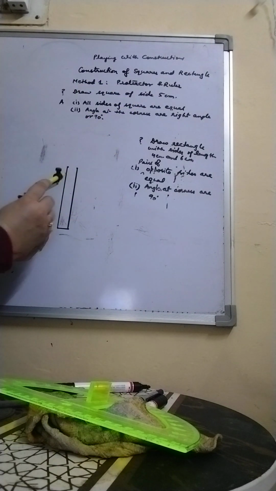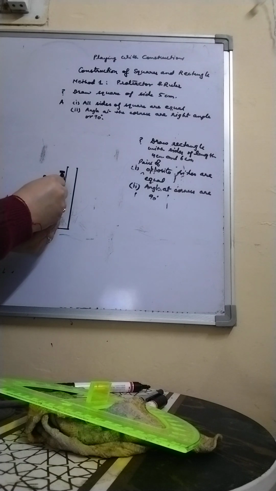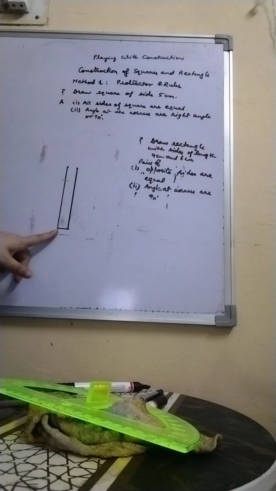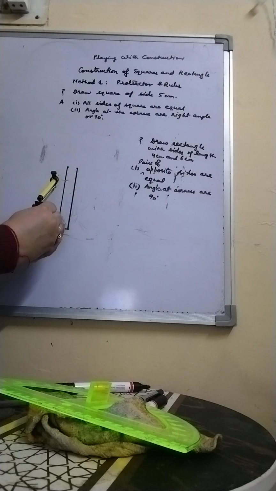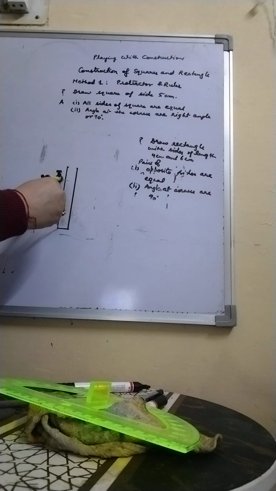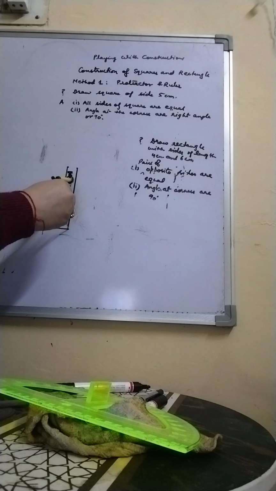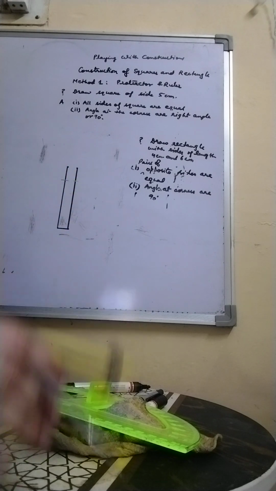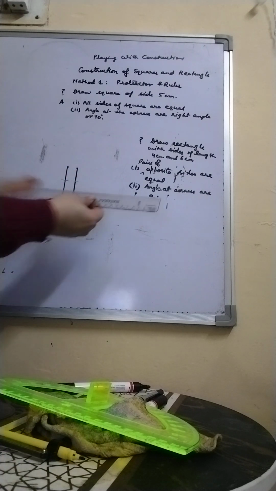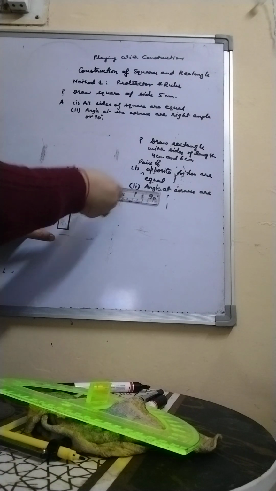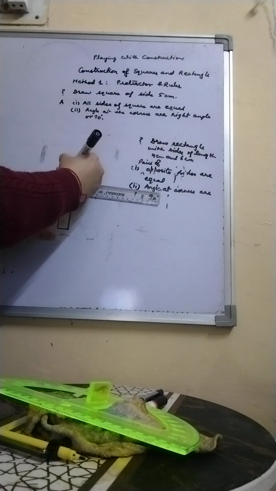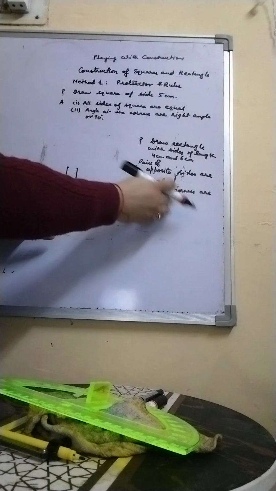Now I would cut here. First I will put the fixed part of the compass at one vertex and cut it, then fixed part at the second vertex and cut it, and now you join the two to get the rectangle.